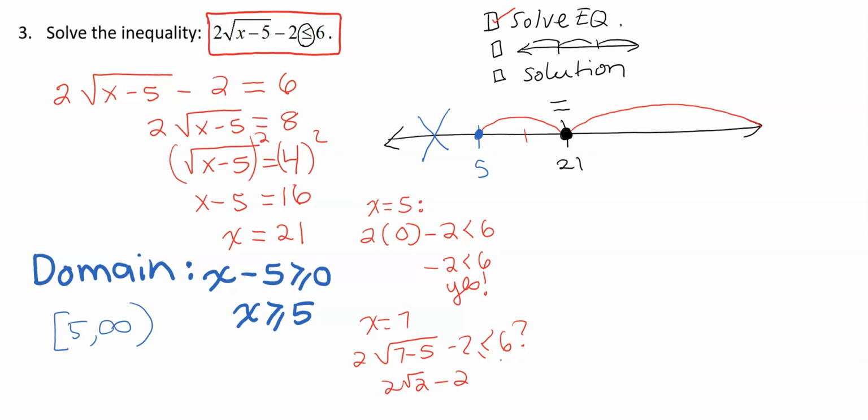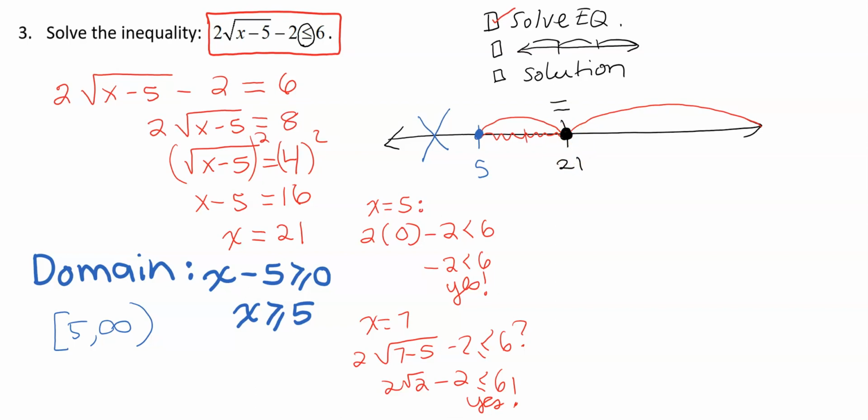Square root of 2 is roughly 1.4. 1.4 times 2 is roughly 2.8, minus 2 is 0.8, and that is less than 6, and that is okay. So anything in this interval is okay, including the endpoint 5 right there. Okay, and now we know 21 is equal to, so 21 is good.